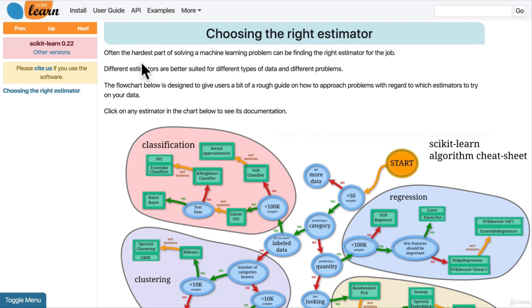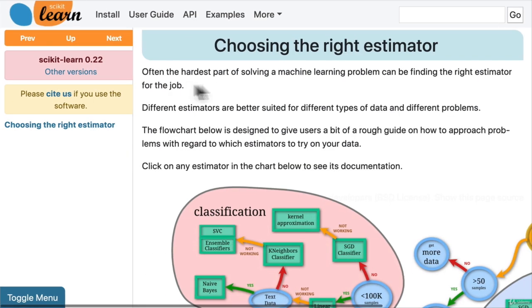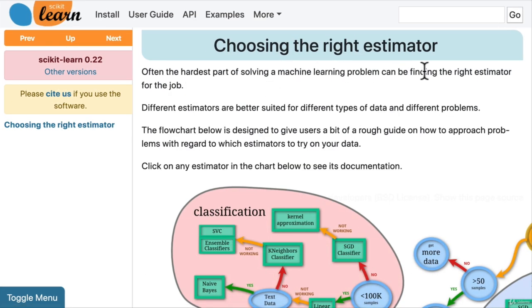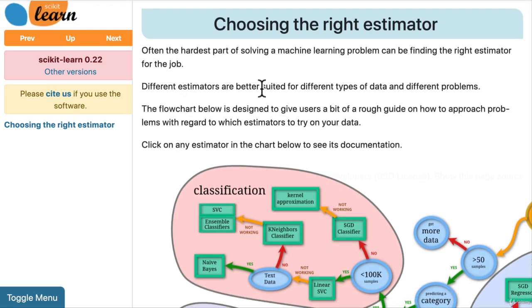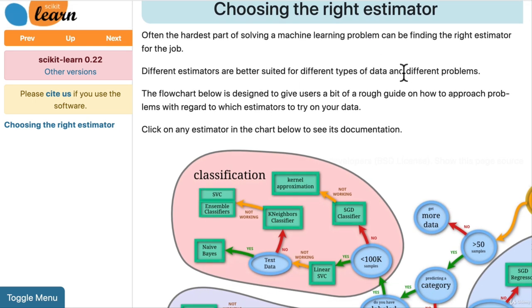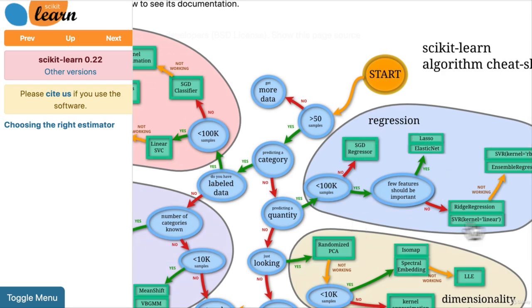And the documentation here says, often the hardest part of solving a machine learning problem can be finding the right estimator for the job. Yes, different estimators are better suited for different types of data and different problems. That makes sense. So if we have a classification problem, we might want to use one of these estimators. And if we have a regression problem, we might want to use one of these estimators.